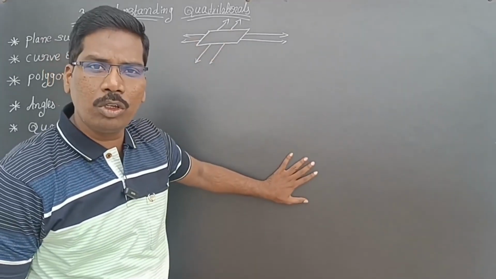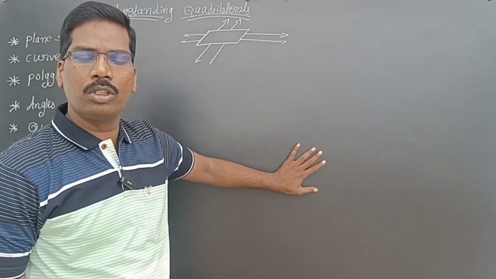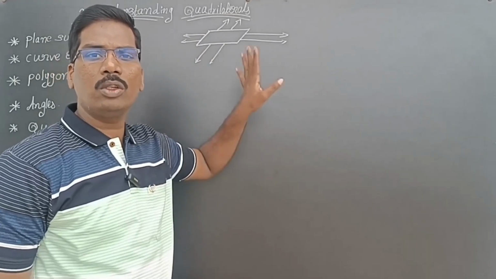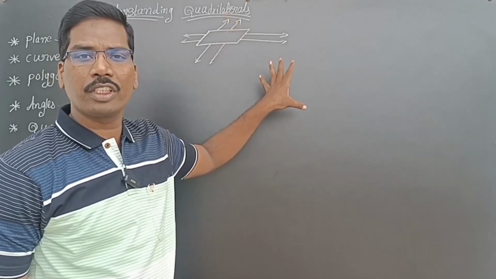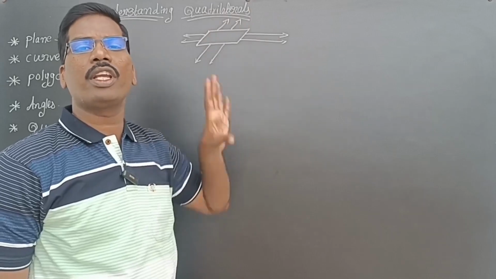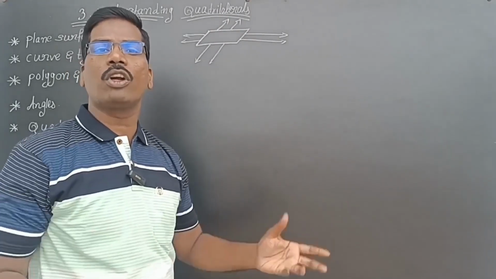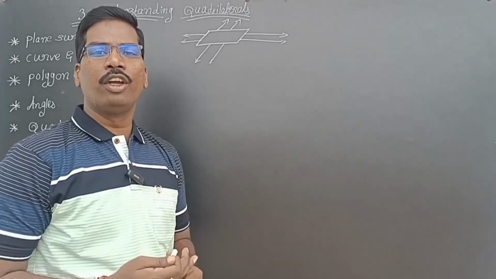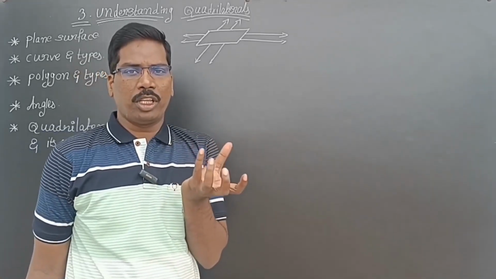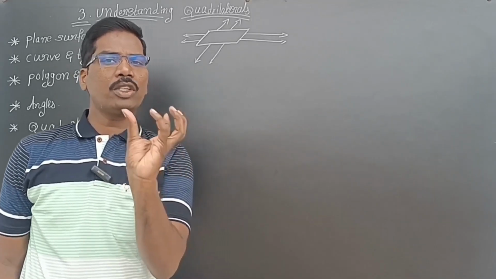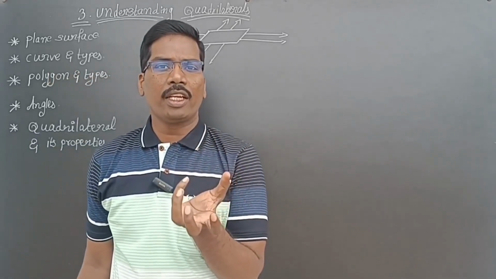That's why we are using the board. On the board only we are explaining. This is called a plane surface. On the plane surface only we can explain anything. On a solid surface we can't. For example, a solid surface means which we can hold with our hand.